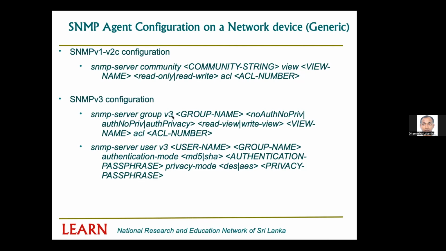For SNMP version 3 configuration, we can use this type of format. Normally, we can specify the version, and also the group here, and what privacy or security level we are going to use. As I said, there were 3 security levels, and we can use any of these.